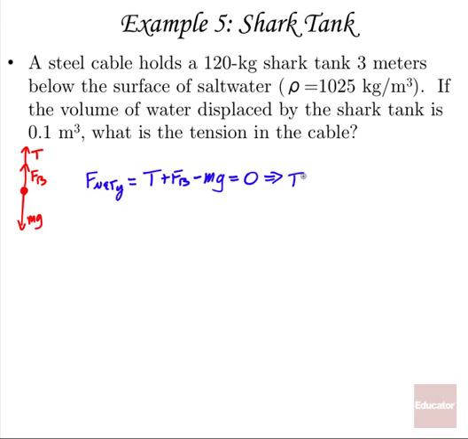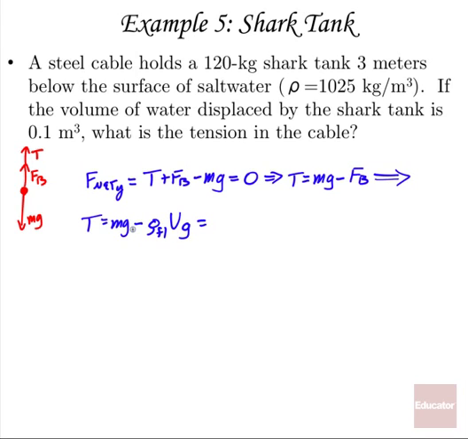And if we want tension, that must be equal to the weight minus the buoyant force. This implies then that the tension is equal to the weight minus, well, the buoyant force is the density of our fluid, rho fluid, times the volume of the fluid displaced times g.